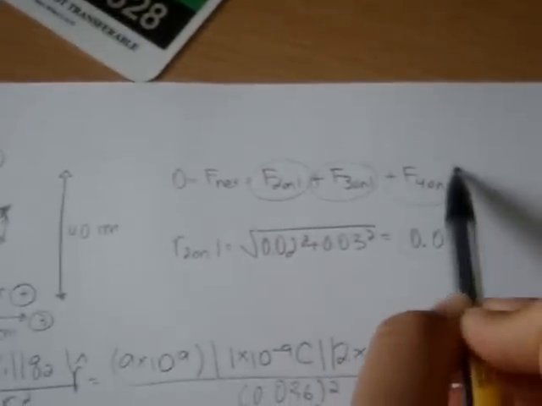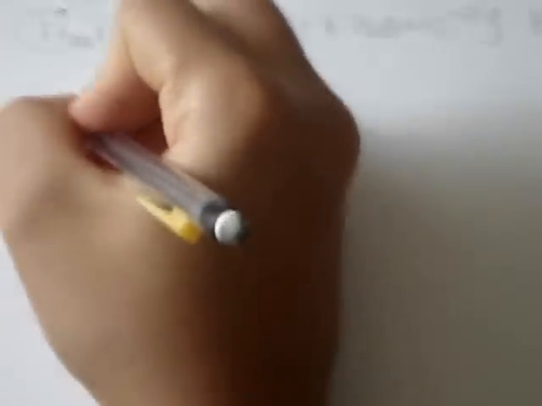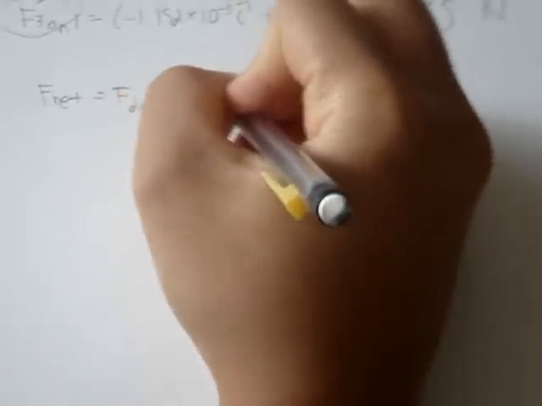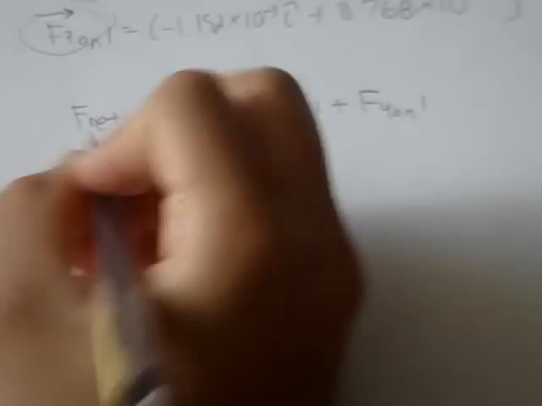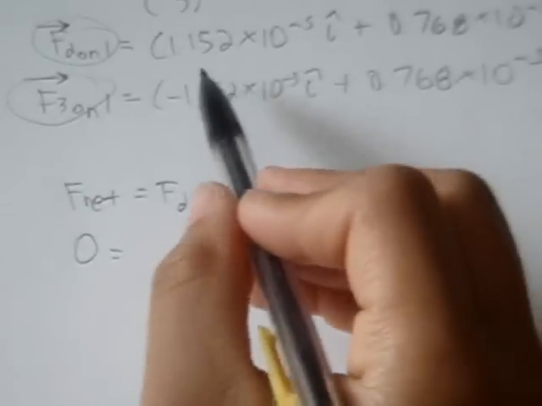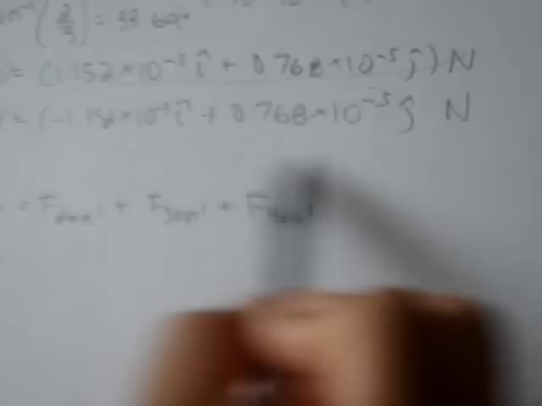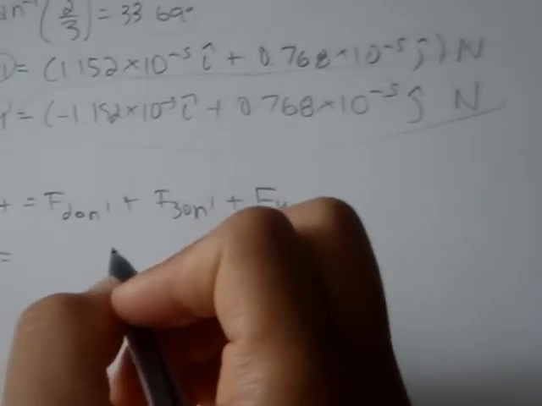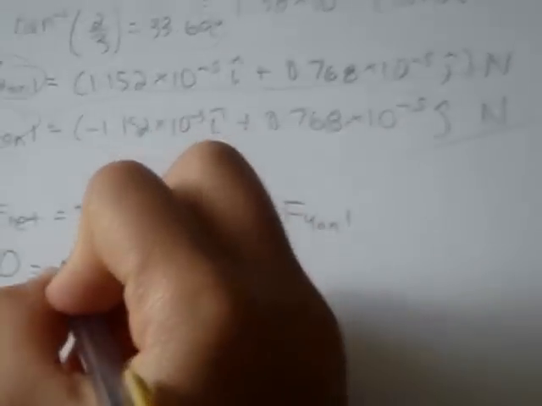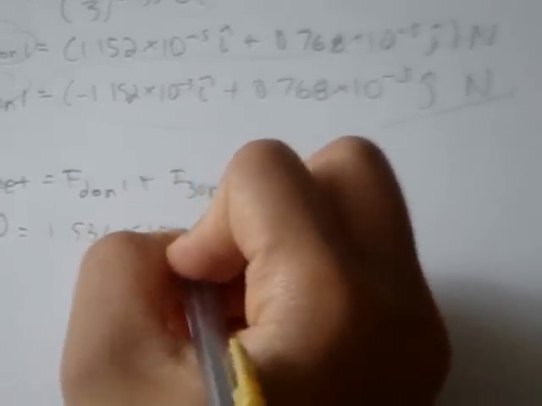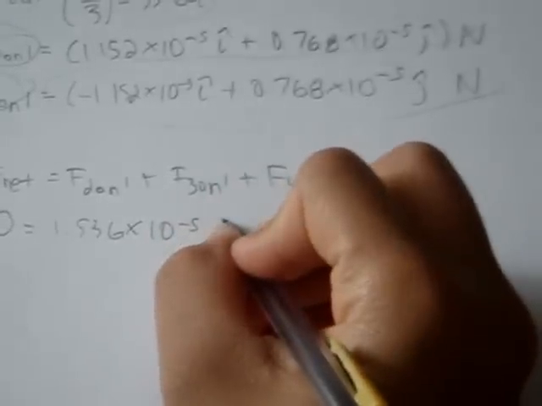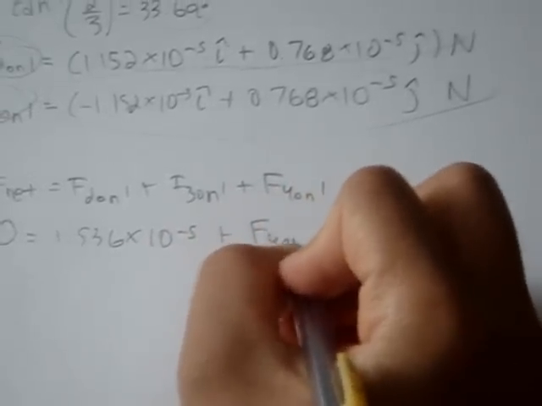And then we can solve for the force of particle 4 on 1. I'll write it again: force of 2 on 1 plus force of 3 on 1 plus the force of 4 on 1. And we know this is 0, and we can plug these values back in, and we will get 1.536 times 10 to the negative 5 plus the force of 4 on 1.